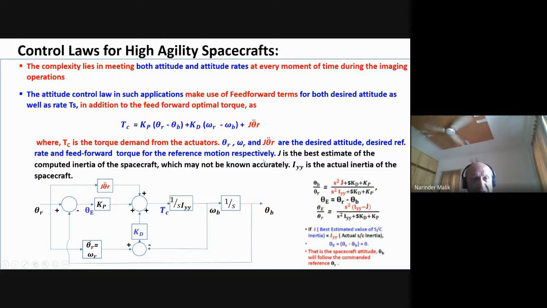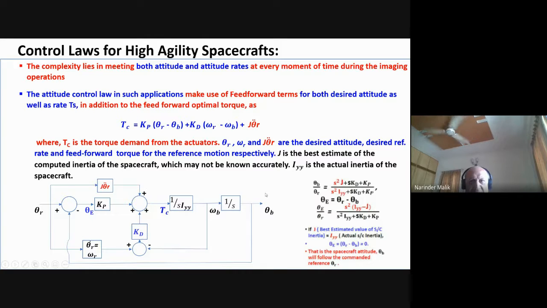Now, this is a simplified block diagram with this kind of a controller. Here you see theta body divided by theta r, and this is theta e. Theta e divided by theta r is equal to this one.